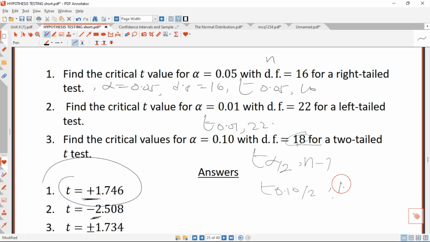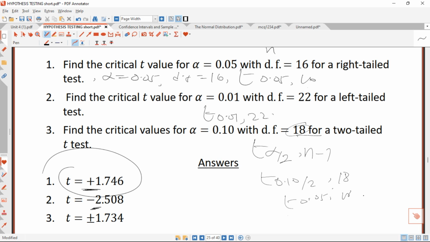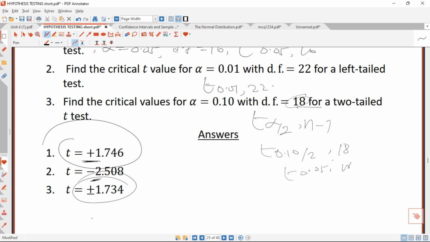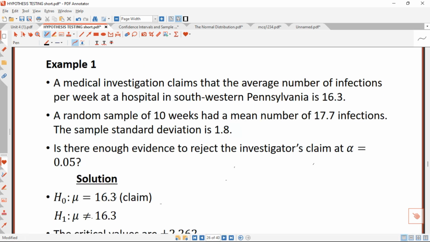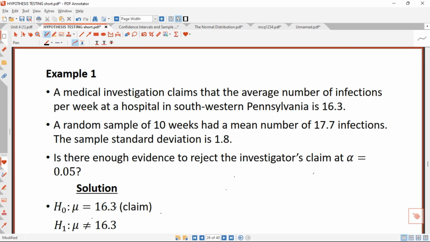We are having it to be 18. We are going to have t subscript 0.05 comma 18, and when you map it from the table, we are going to get t is equal to plus or minus 1.734, right? So this is what you are going to have for our answer. So let's jump to good examples, so that we will really appreciate whatever we have discussed so far.